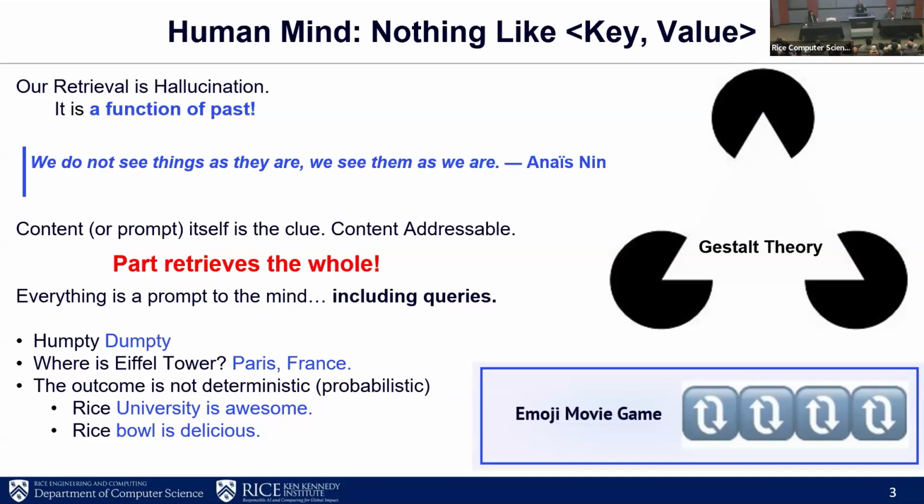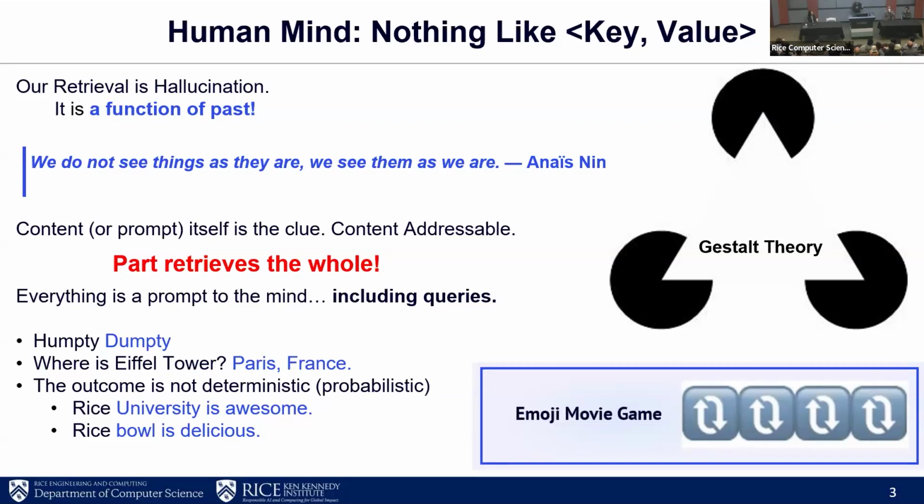So the retrieval is a hallucination. And cognitive scientists and psychologists know that the mind has this tendency to somehow fill the gap. In another jargon, I will say everything is a prompt to a mind. So imagine our web search, it was like query, reference, tables, web pages.